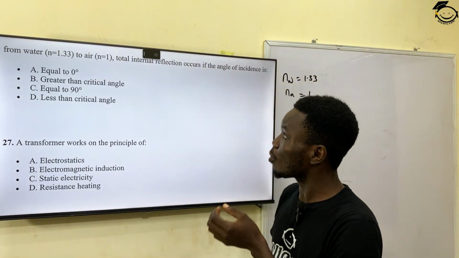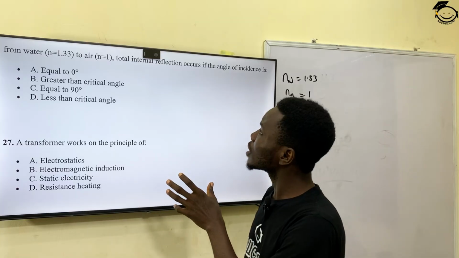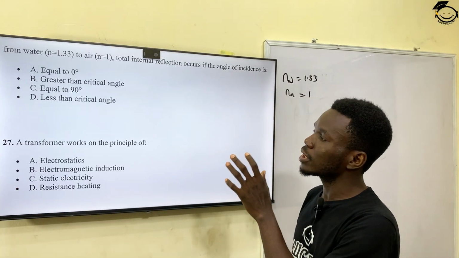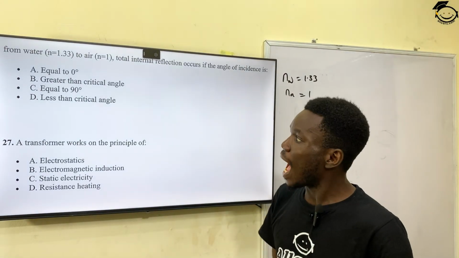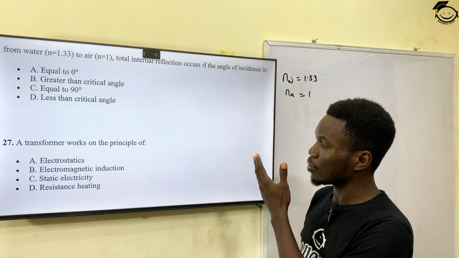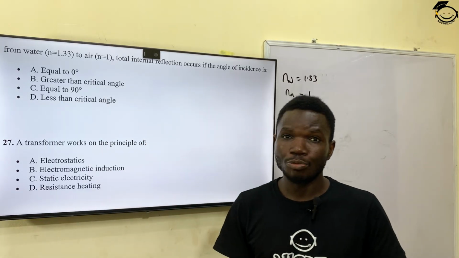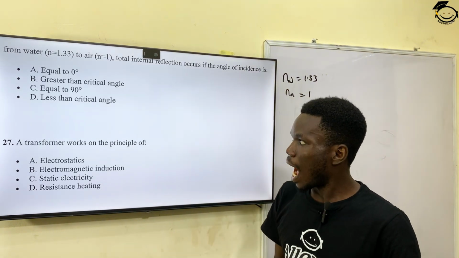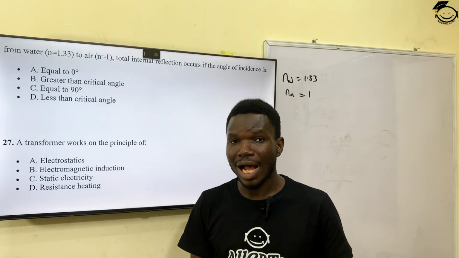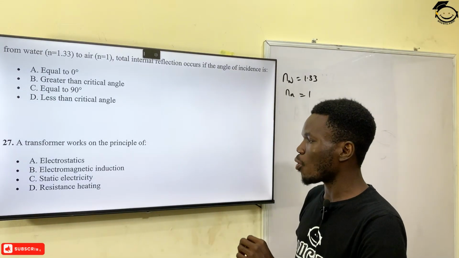So when light travels from water to air, which is less dense than water, the total internal reflection is going to be greater than the critical angle. So in this particular question, the correct answer is option B, which says that the total internal reflection will be greater than the critical angle.